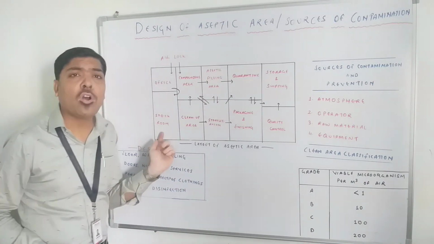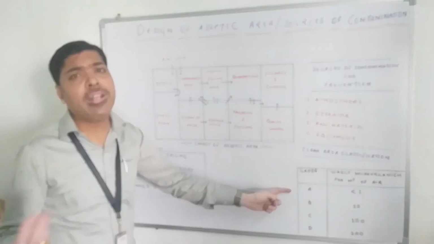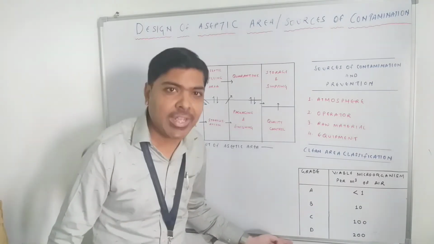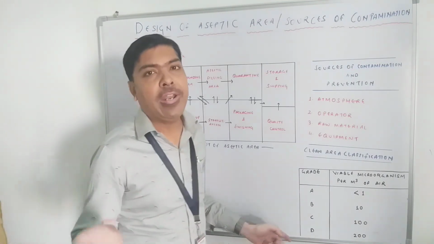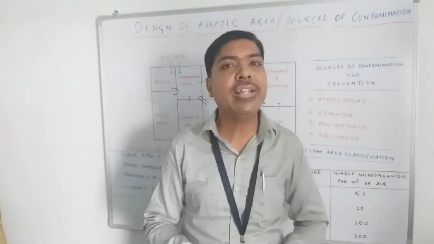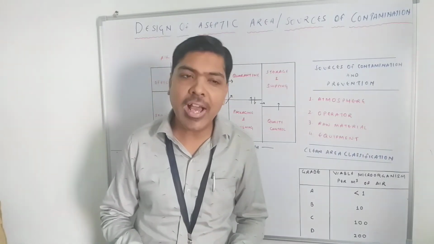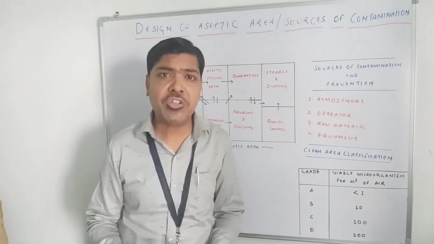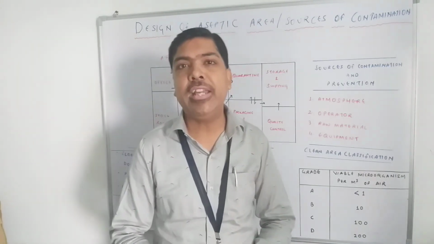If we are talking about the stock room or the cleaning area, grade A may not be required, so we can use grade C or grade D. We choose the grade depending upon the utilization of the room. If aseptic compounding is done, we need grade A, and if a less sophisticated operation is performed, we can choose grade D.